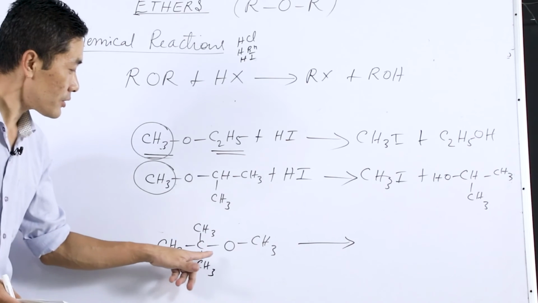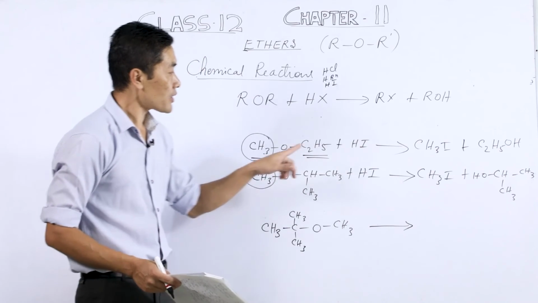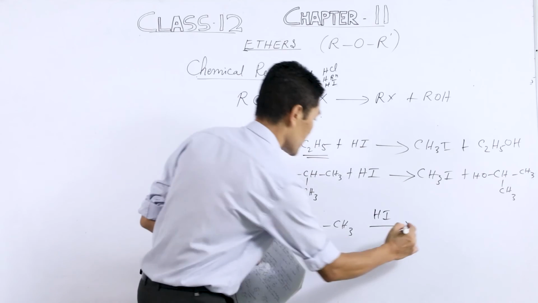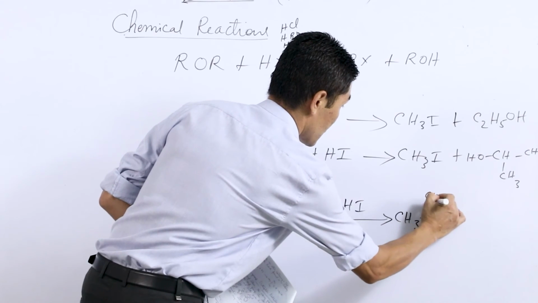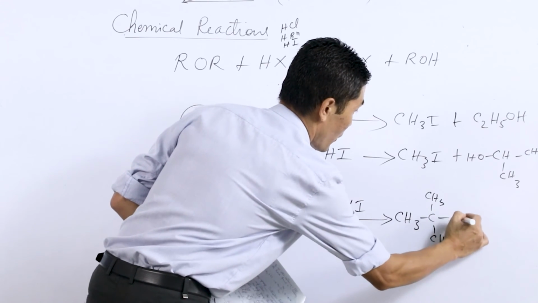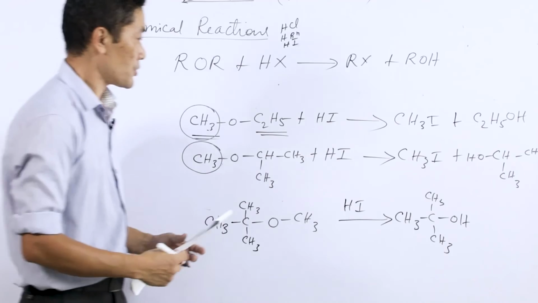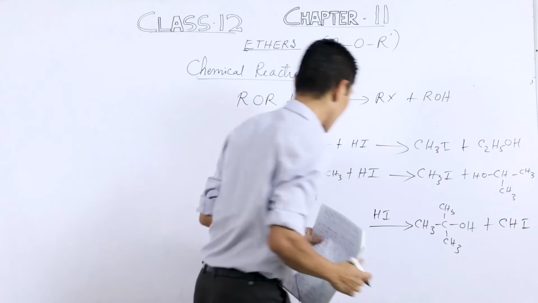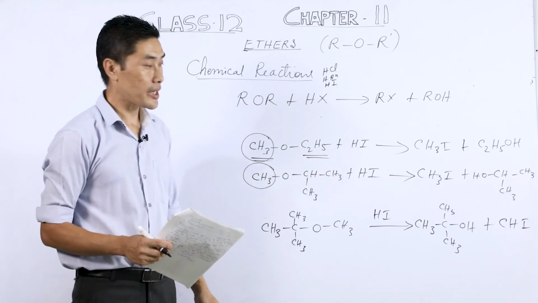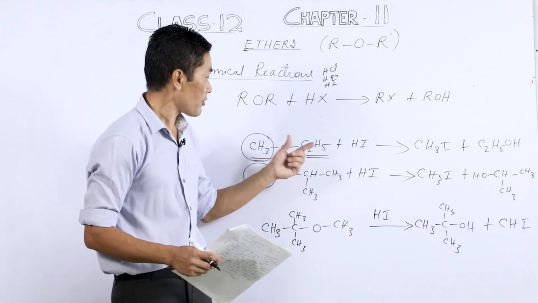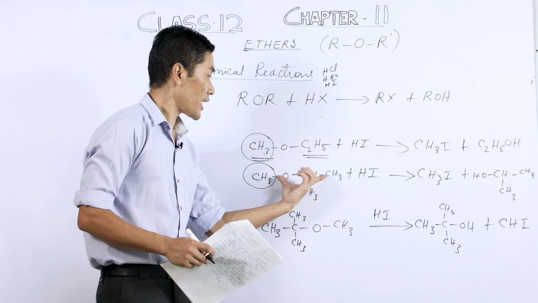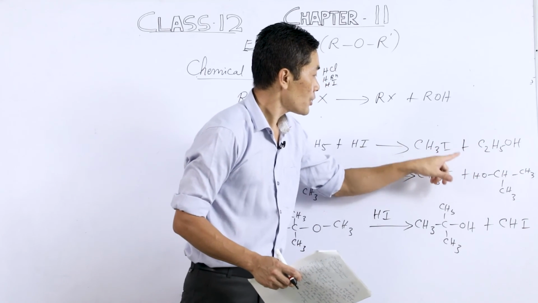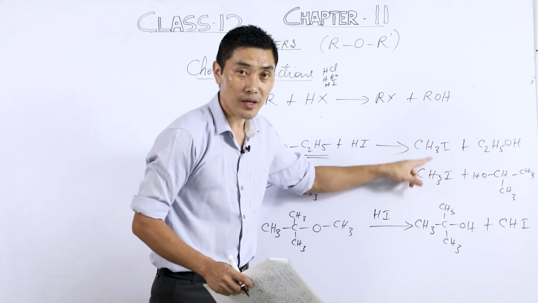But in the case where there are tertiary alkyl groups, the alkyl halide will be formed from the tertiary group. So in this case, the halide forms on the tertiary group, and the OH group will be formed with the CH3 group. So we get a tertiary alkyl halide here and a primary alcohol, methanol. So once again, if we have only primary and secondary alkyl groups attached to the ether group, then the alkyl halide formed will be primary.